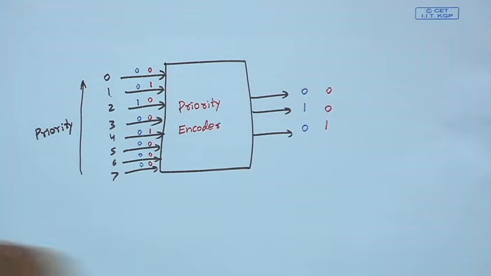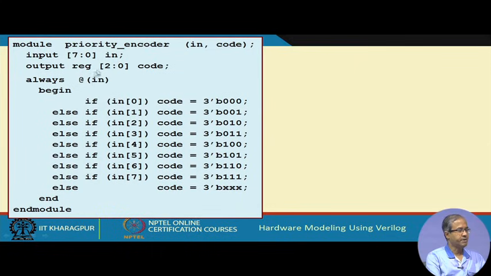So, let us see the description. The input is an 8 bit vector, and the output, code, is a 3 bit vector of reg because it appears on the left hand side. Again in the always block, whenever there is a change in the input, there is a begin with a nested if.